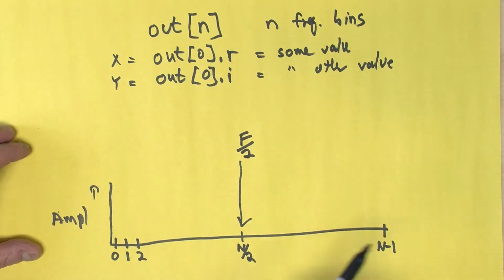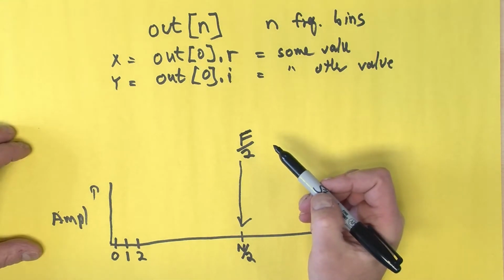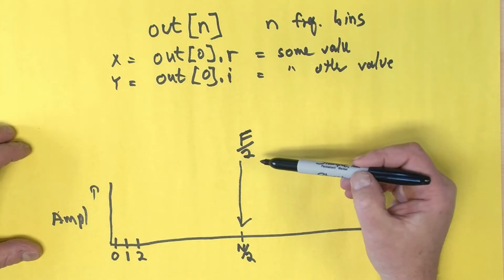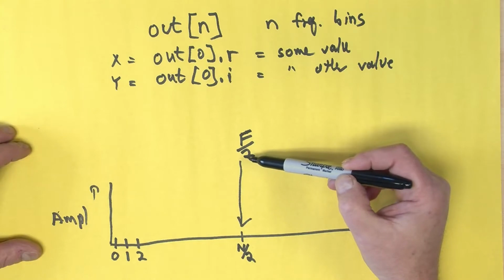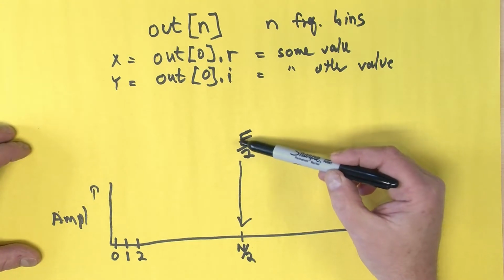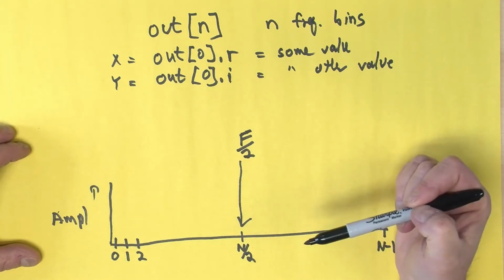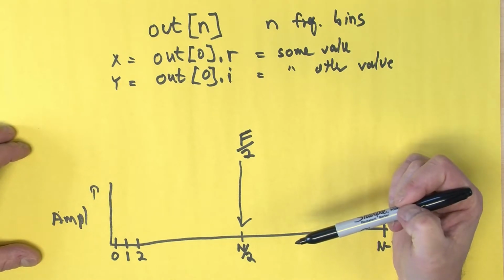But remember I said that if you're sampling at a certain frequency, like 44 kilohertz, the maximum audio frequency you can faithfully sample and reproduce is half that? Well, that means that this frequency here, f over 2, is the maximum frequency we could ever hope to have properly sampled in our data.